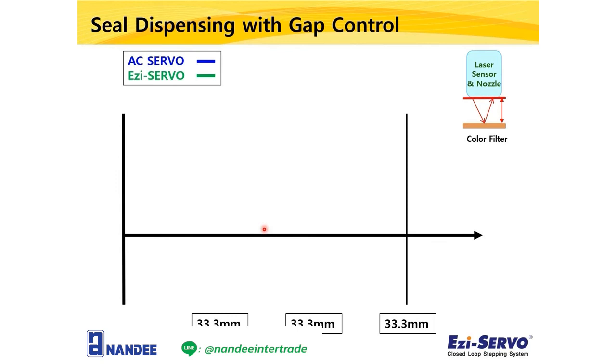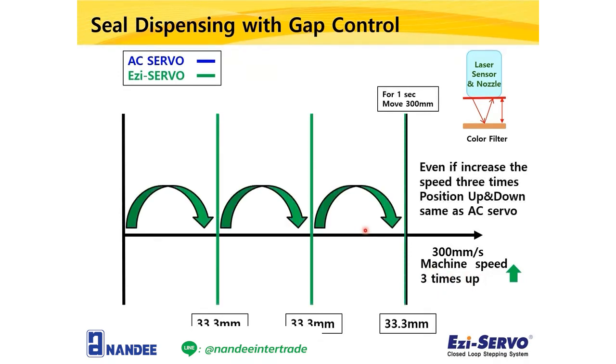So what's happening if we increase this speed to 300 mm per sec, that is triple the dispensing speed? Because Easy Servo does up and down 9 times, as a result, it will correct the position the same as the AC servo did 3 times.